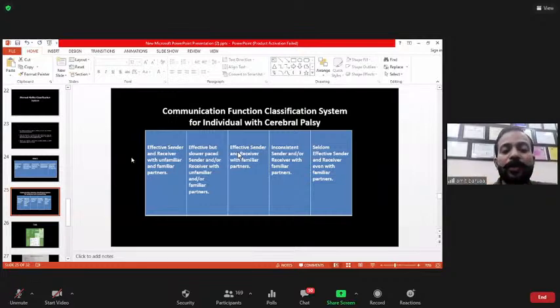If I am talking about MACS 3, definitely someone has to do some things for me. If I am talking about CFCS level 2, definitely I am very good in terms of communication, but I need some extra time to communicate with an unfamiliar person. I hope I am very clear on these 3 scales.